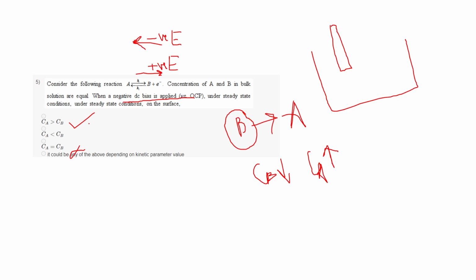Now, the next question. In the above case, A giving B plus E minus. Relevant parameters are given: dA and dB are 10 to the minus 5 centimeter square per second.